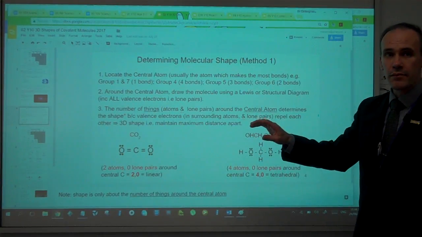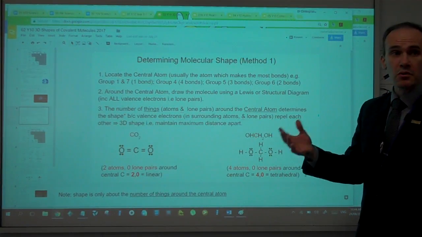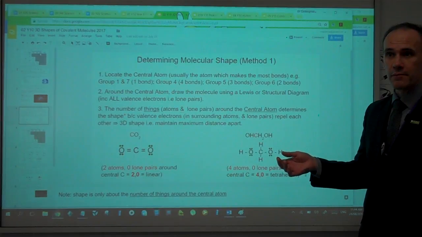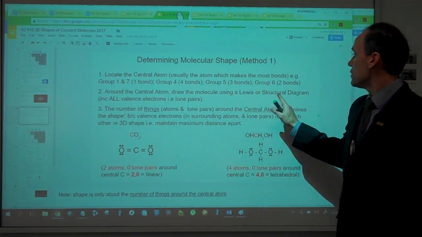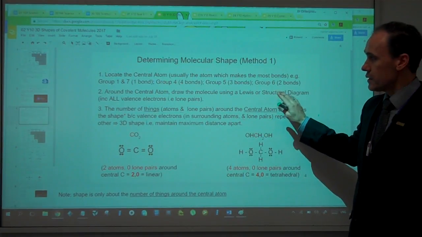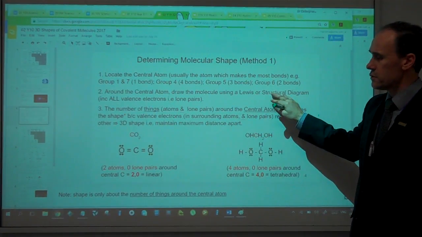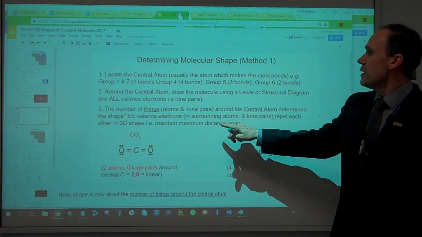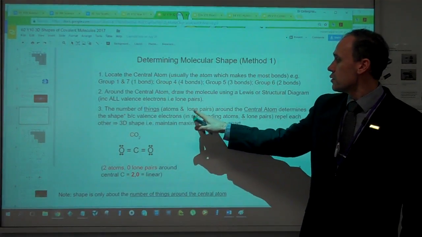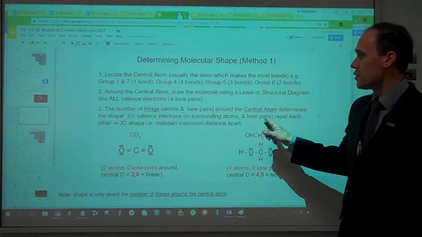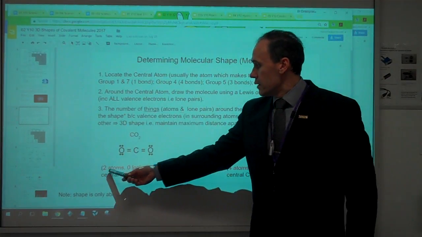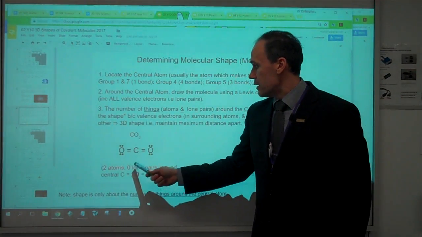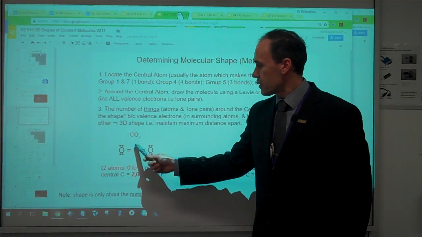Okay, that's how you do things. Locate the central atom. The central atom is the one with the most bonds, usually carbon. Then, around the central atom, use a structural diagram. It's easiest. Lewis you can do, but structural is easier. Then, the number of things, atoms or lone pairs around the central atom determines the shape. So, you have two atoms here and no lone pairs around the carbon.